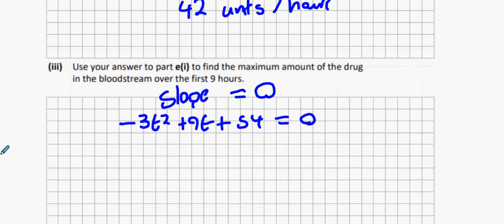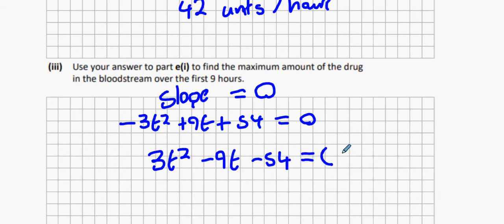You're going to find the t value that causes it to be 0. What t value are we expecting again? When is the maximum? 6, wasn't it? So what I do is I first of all multiply both sides by minus to get a plus t squared. You can do the minus b formula if you want. I want something a bit quicker. I'm going to divide both sides by 3. So you're going to get t squared minus 3t minus 18 equals 0.